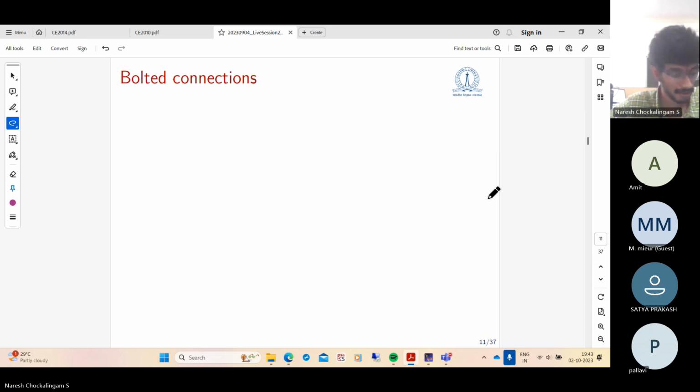So coming to bolted connections, they are very easy to fabricate in the field. They don't have to be manufactured in a shop. That is one benefit, and they're also suitable for fatigue loading.